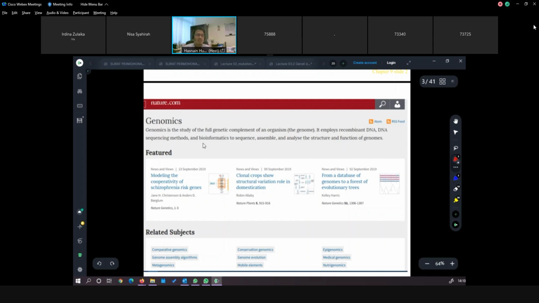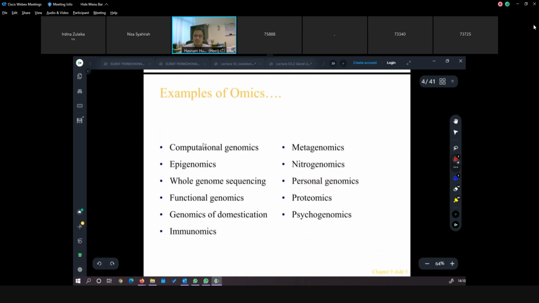Okay, so that is genomics. Again, the idea of genomics is that it is related to the genome, and genome means the full complement, full content, full constituent of the DNA in any given organism. Everything, all the DNA sequence inside there.